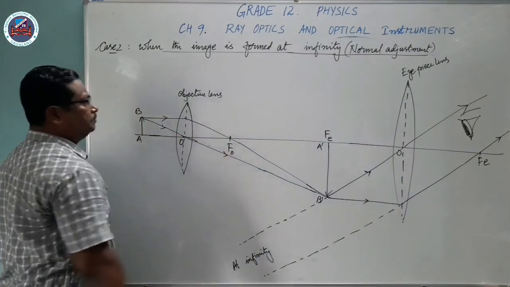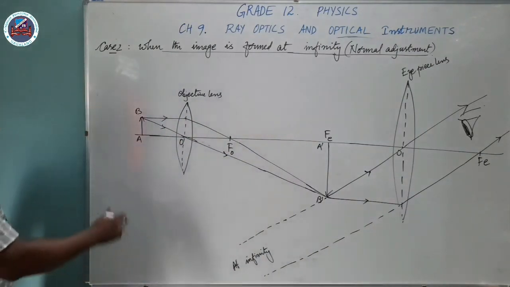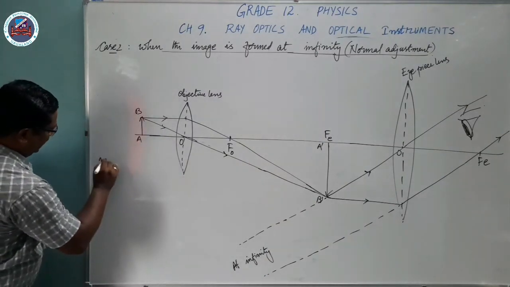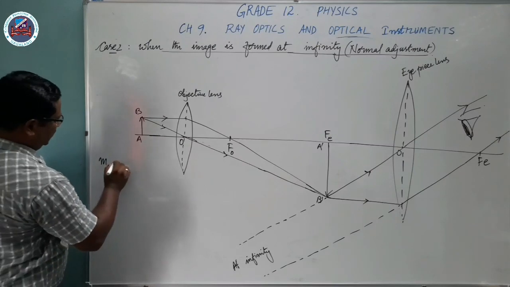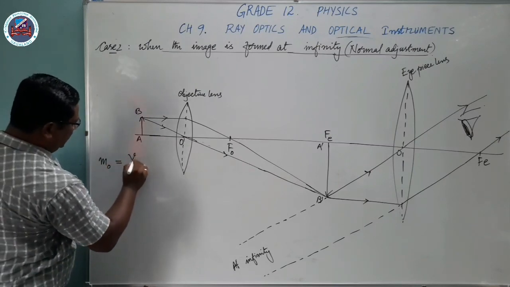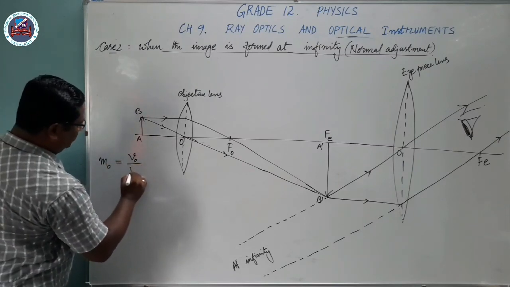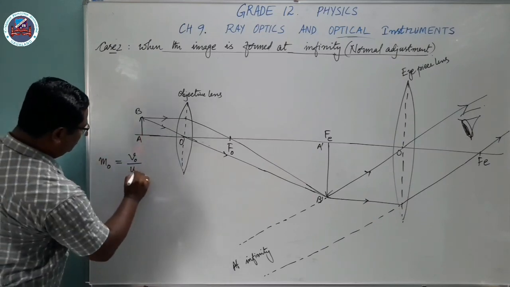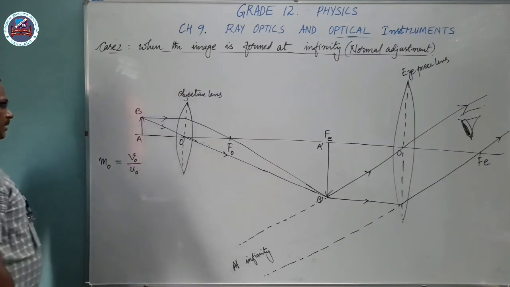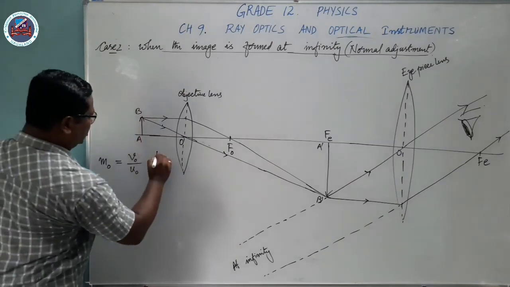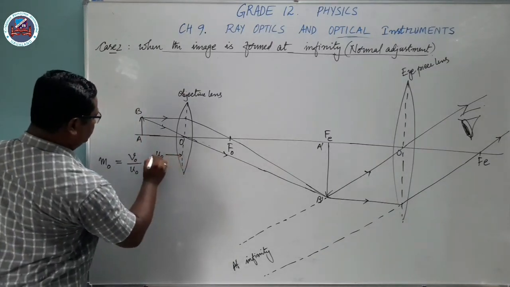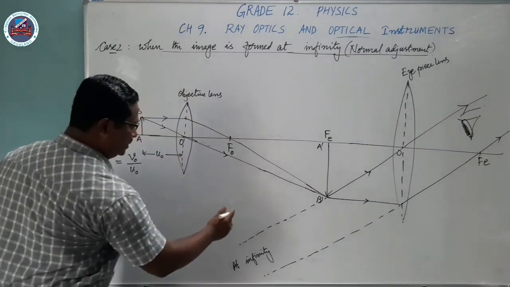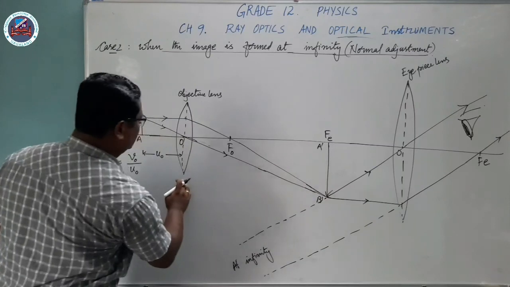So now, to get the expression for magnifying power, first of all, the magnification produced by the objective lens, MO, we will write down, that is equal to image distance divided by object distance of the objective lens. Image distance of the objective lens is here from A dash B dash to the lens.